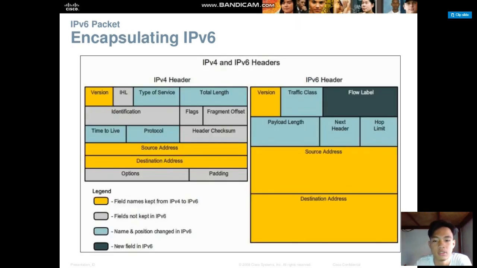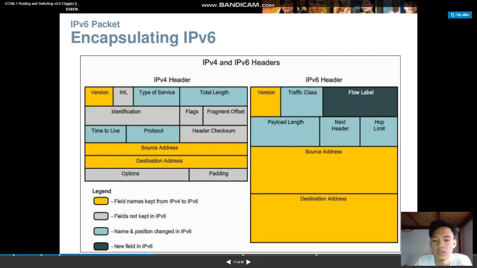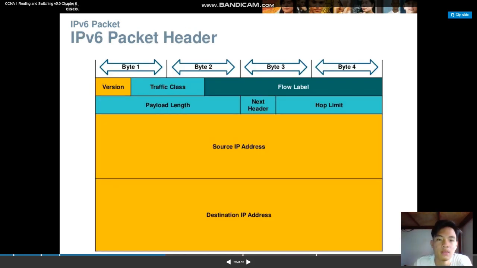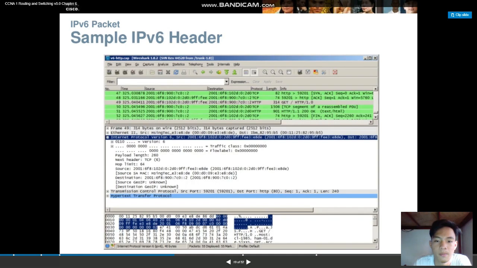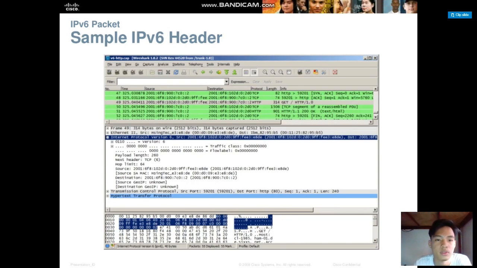Encapsulating IPv6, IPv4 and IPv6 headers. This is a comparison of the IPv4 header and the IPv6 header. This is the packet header of an IPv6, and this one is a sample of an IPv6 header.